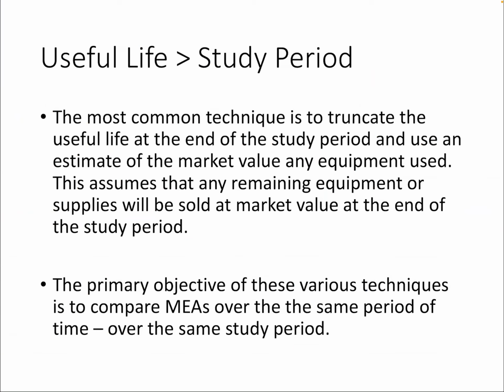So this assumes that any remaining equipment or supplies will be sold at market value at the end of the study period. Okay, let's say your item is good for 8 years, but your study period is only 6 years.